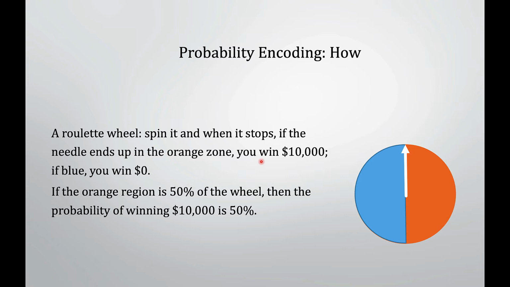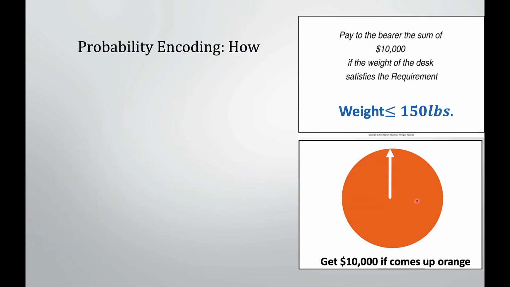So what we're going to do next is we're going to use this roulette to help yourself figure out what is your belief about the desk weighing under or equal to 150 pounds. So your belief about the probability of this is what we're trying to get at.